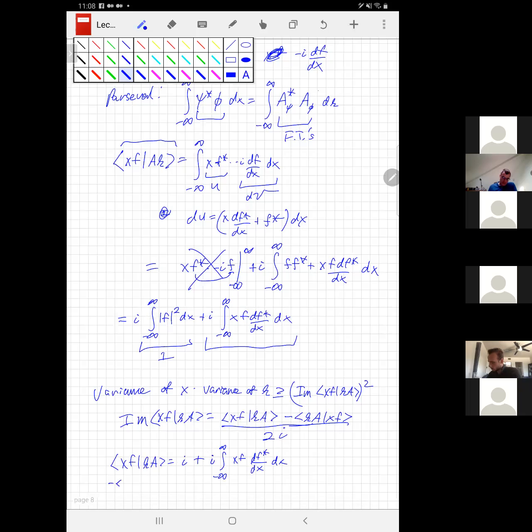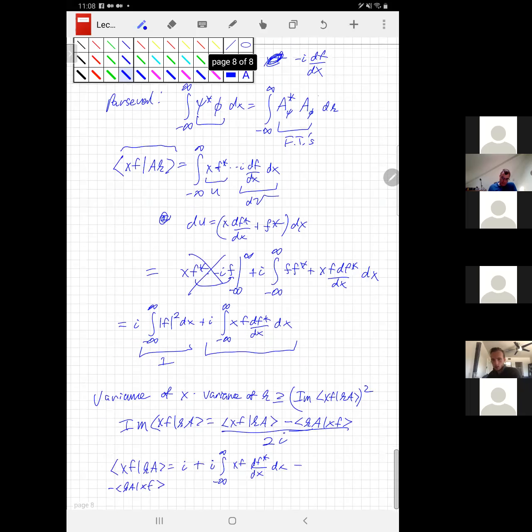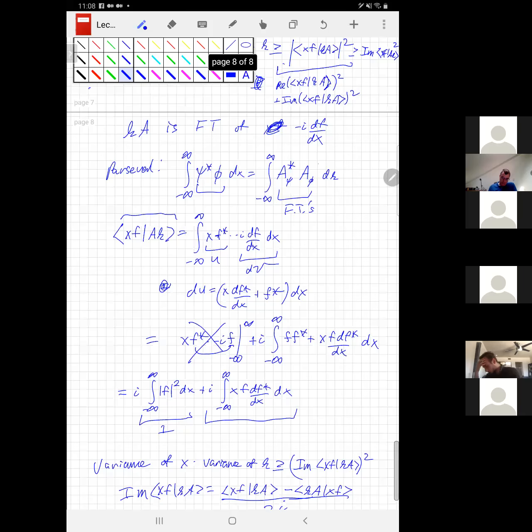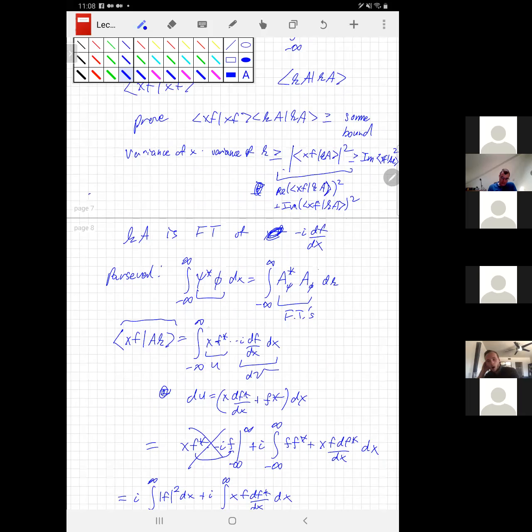And if I were to subtract off the inner product of f and xf, I would be subtracting off, well, let's see here. Hey, I would be subtracting off the integral I originally had, right? The complex conjugate of the integral I originally had.